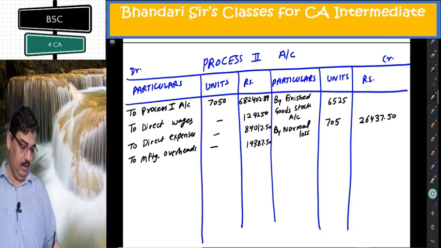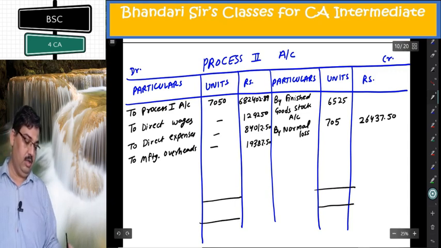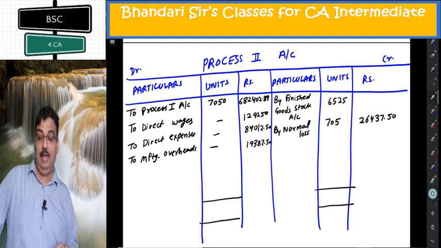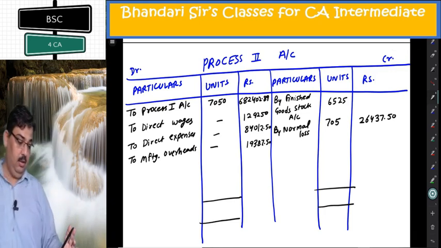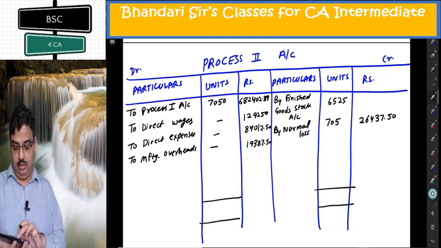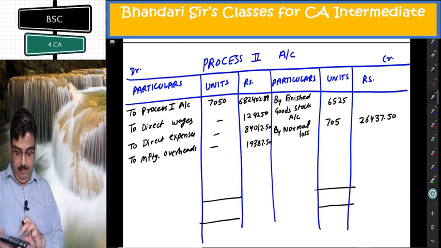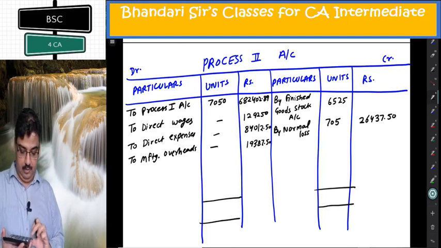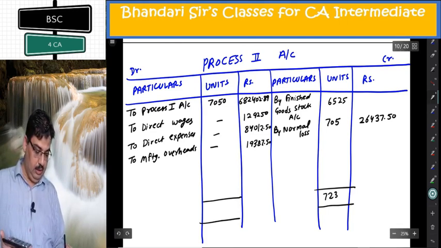Now if you calculate the quantity column, the units column, you find the balancing figure is on the debit side, because more than 7200 something you are getting on the right hand side. On the debit side it is only 7050. 6525 plus 705 is 7230.